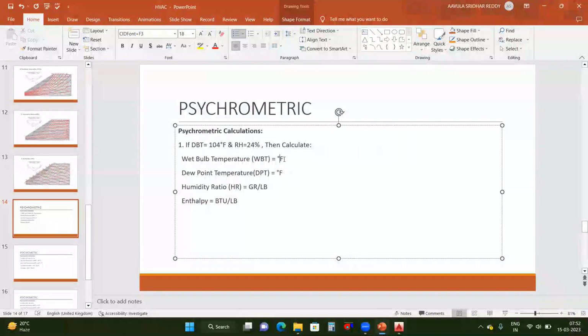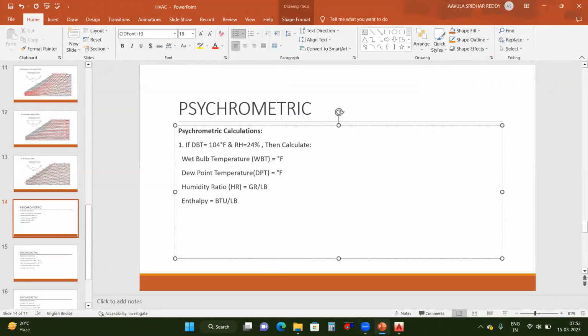But wet bulb is also Fahrenheit, dew point temperature also Fahrenheit, humidity ratio in grains per pound, and enthalpy in BTU per pound. If you change one unit and keep calculating, it will cause mistakes. So if you are working in Fahrenheit, all the rest of the values should be like this.